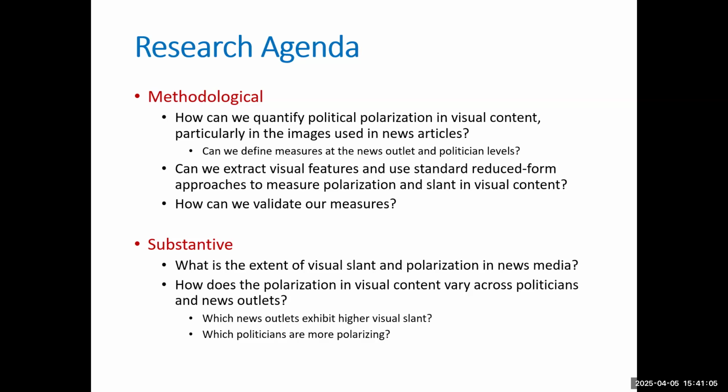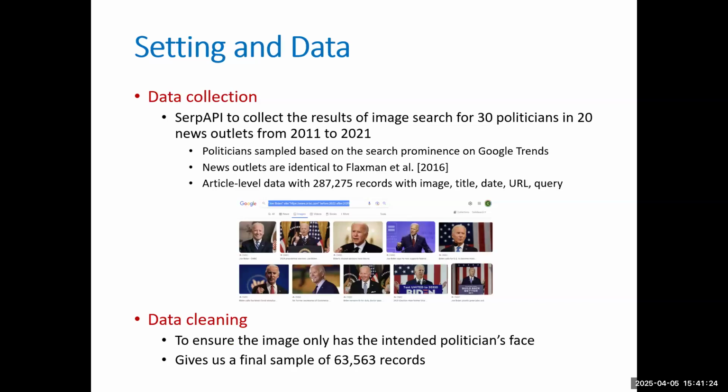And on the substantive side, the basic question is, what is the extent of visual polarization and slant that we observe? And what is the heterogeneity across news outlets and politicians?